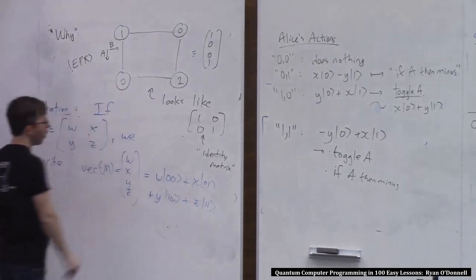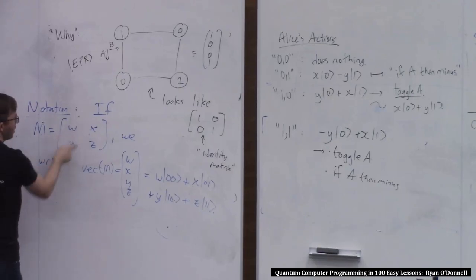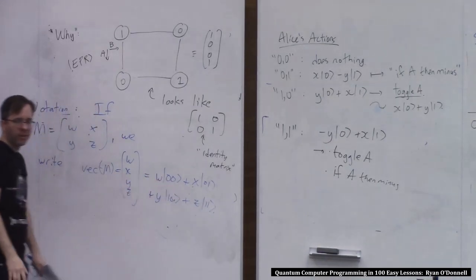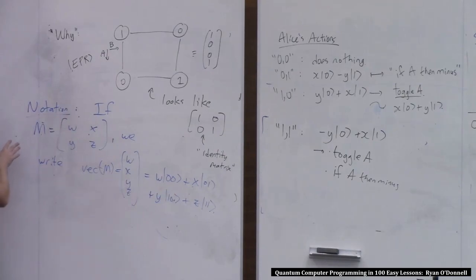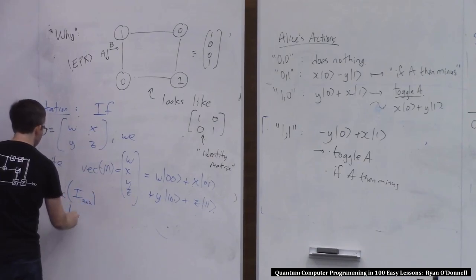This is an unnormalized state, but that's fine. If all 4 of these are 0, then all zeros is an illegal state, but never mind. So this is just notation for taking a matrix and viewing it as an unnormalized state. Of course, vec stands for vector. And the key example of this notation is that vec of the 2x2 identity matrix is exactly EPR.